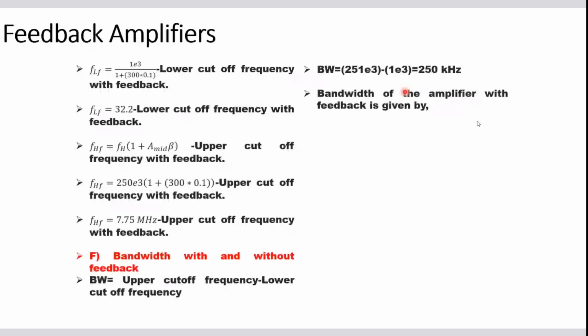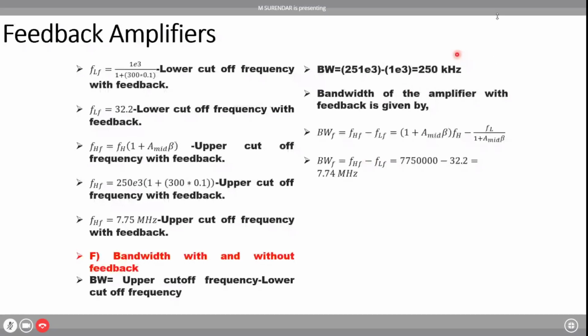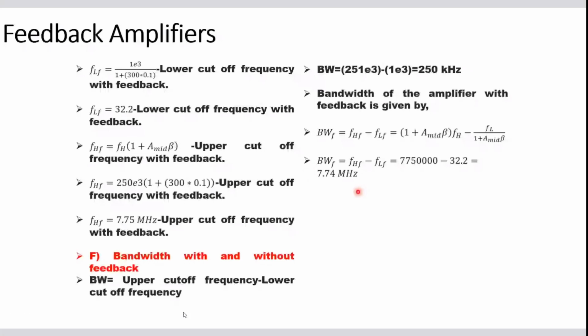Look at the difference. This is 250 kilohertz, which converted to megahertz is 0.25 megahertz. From 0.25 megahertz, we are expanding our bandwidth up to 7.74 megahertz. So this is the kind of advantage we are getting from the feedback.